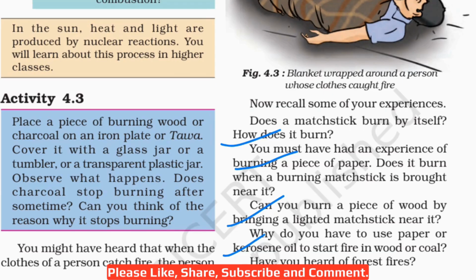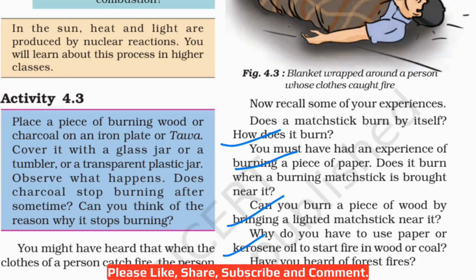Because the ignition temperature of paper and kerosene oil is much less, they catch fire easily. That is why they will produce enough initial heat to burn that piece of wood. And once the wood also gets heated by the initial heating of the paper and kerosene oil, you will be able to start a fire in wood or coal. So wood and coal need significant heat to start burning, which a matchstick alone cannot provide, right?